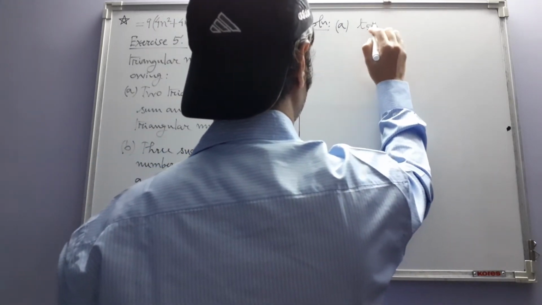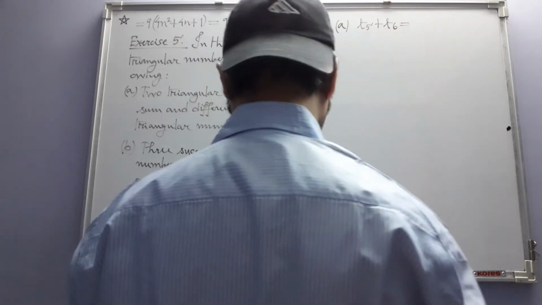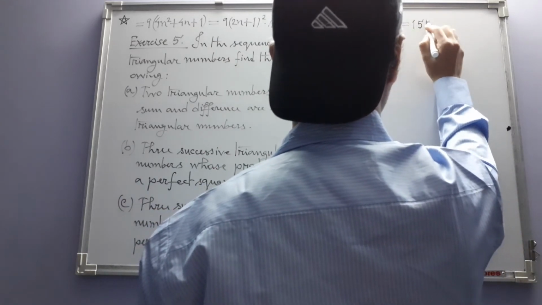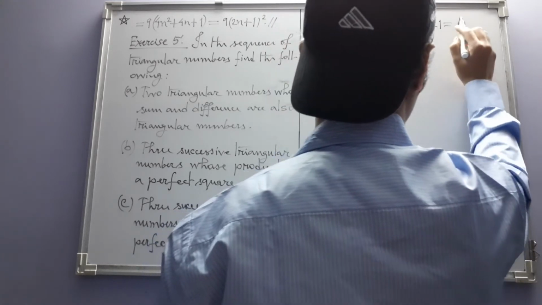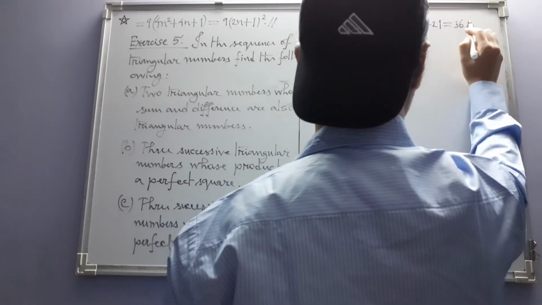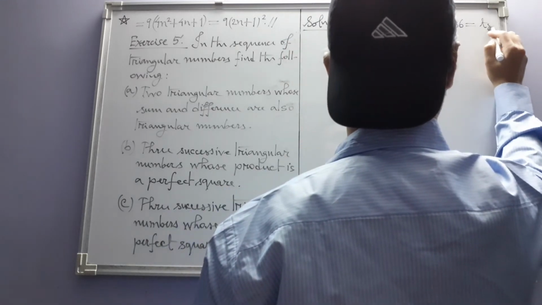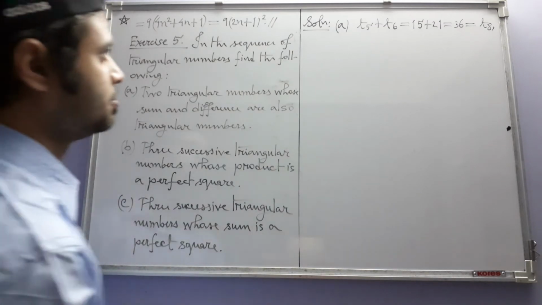Without writing too much, we just directly write the things. The fifth one and the sixth one, T5 and T6, are 15 and 21. So if you add them up, you get 36, which turns out to be the 8th triangular number, T8.